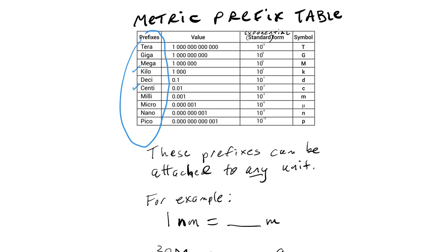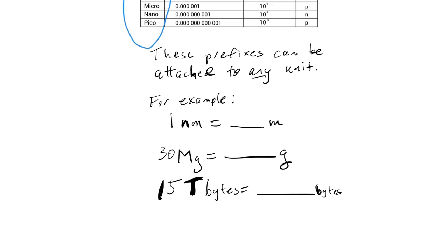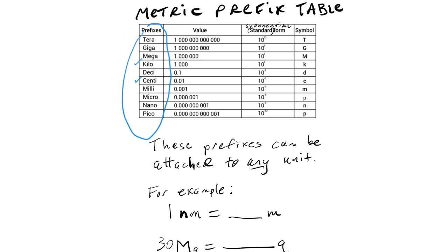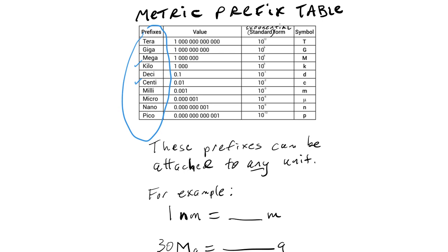These prefixes, as I wrote here, can be attached to any unit. For example, basic units could be meters, grams, seconds, anything. Each of these prefixes is represented by a letter. For example, kilo is represented by a lowercase k.